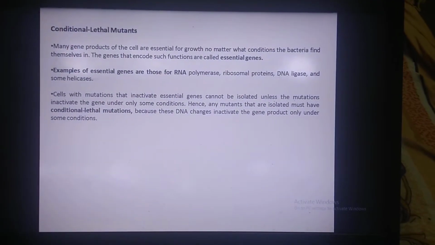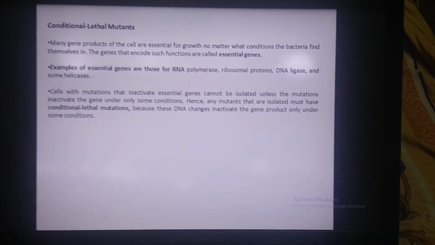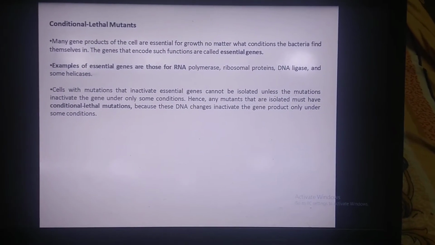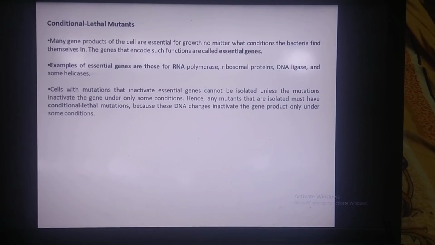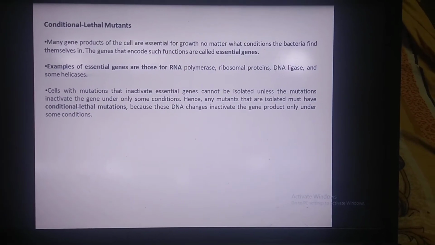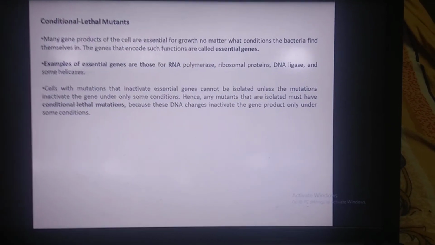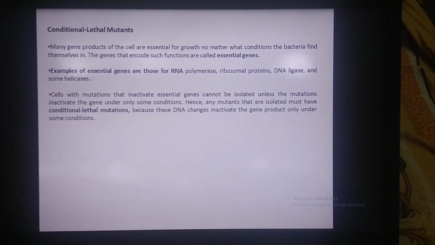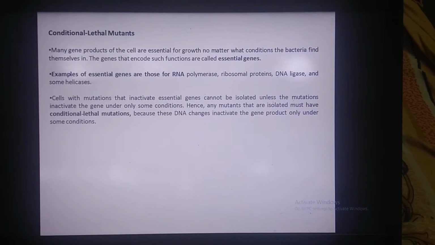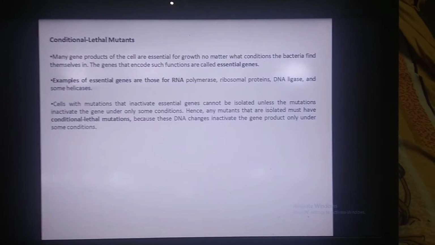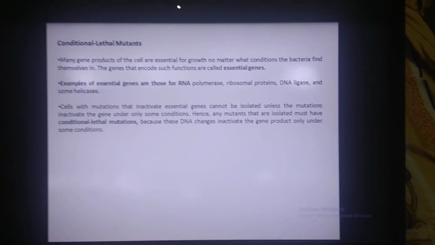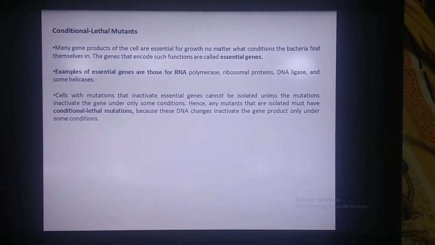Such a mutation inactivates this DNA polymerase at 42 degrees centigrade, but it can act at 36 or 37 degrees centigrade.